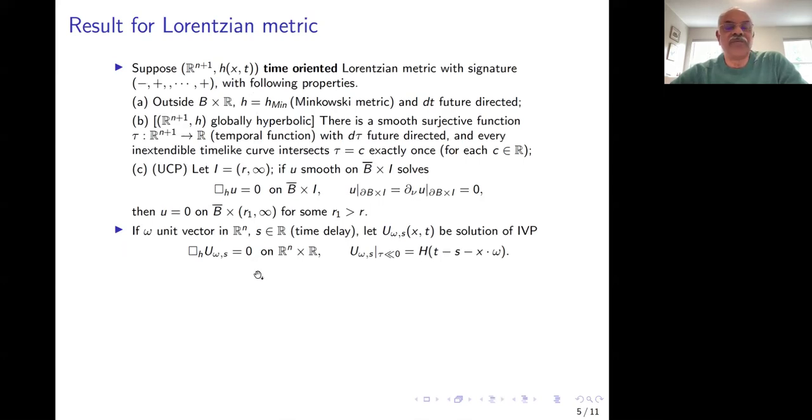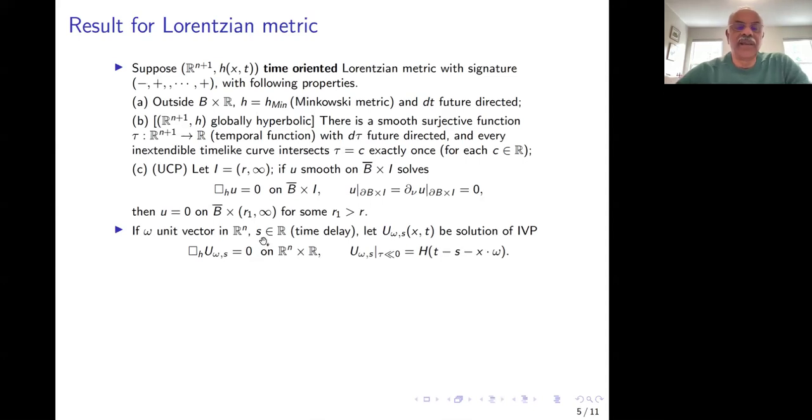So it will not be enough to just gather data of u on the boundary. That will be an underdetermined problem. So to make it a formally determined problem, we have to introduce another parameter s. And our sources are going to be coming from directions omega, but with a time delay s. So that gives us the extra parameter to make it a formally determined problem. Otherwise, it's an underdetermined problem.